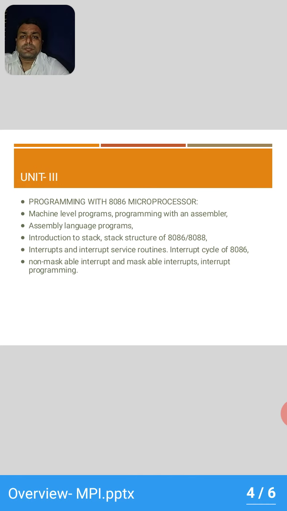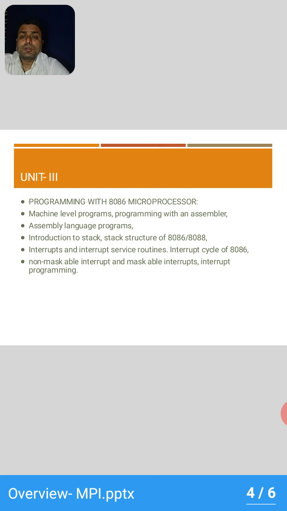The third unit discusses the programming aspect of the 8086 microprocessor. Here we will write programs with the 8086 microprocessor. We will study machine level programs, programming with an assembler, and assembly level language programs for various outputs.